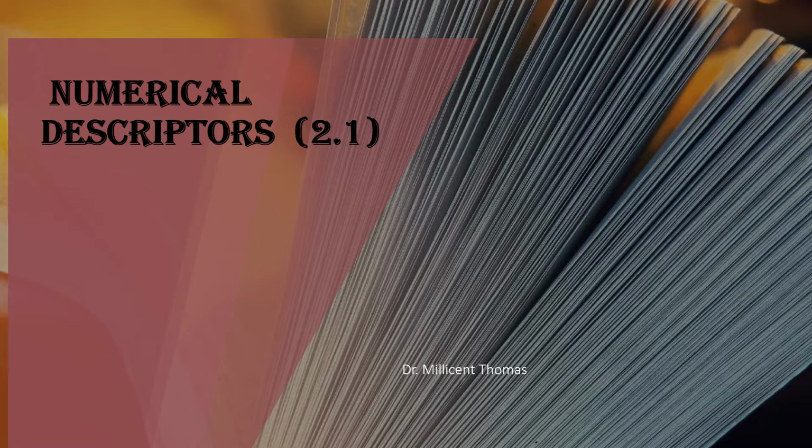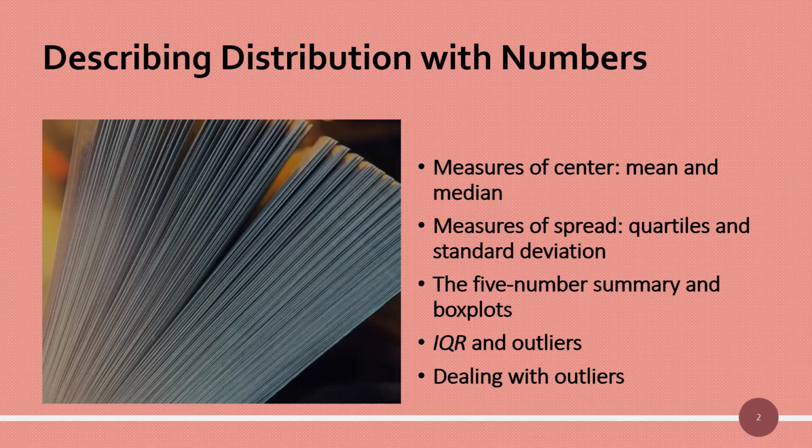In this video, I would like to explain how to find the numerical representation for the statistical data that we collect. When we talk about the numerical description, there are various measures.